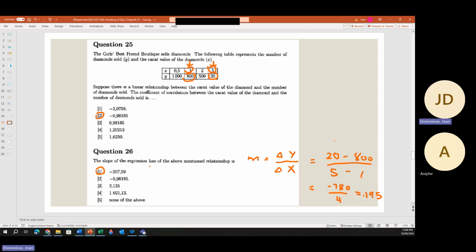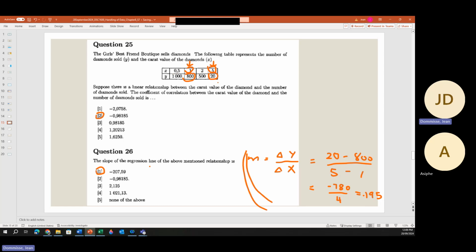So let me just quickly check again. It's 20 minus 800, 5 minus 1. So this should actually be working out exactly the same. I just want to check if we take other numbers.